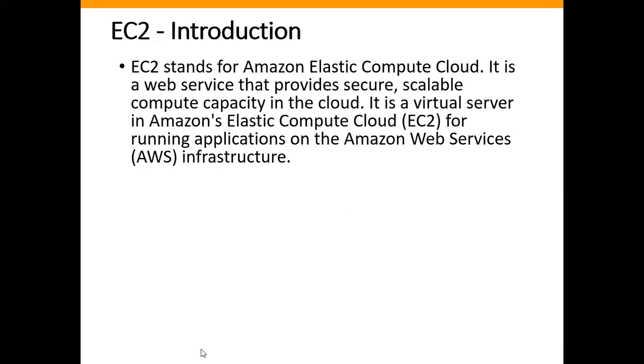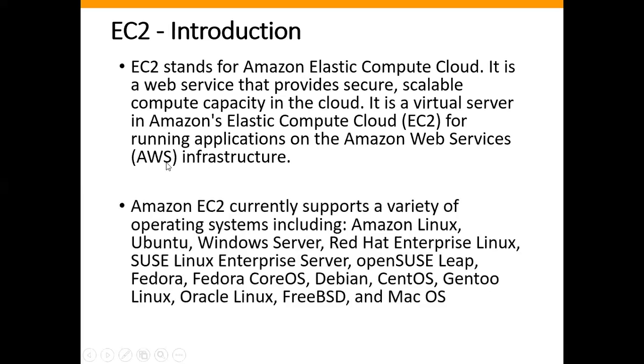Like I have this particular laptop with this configuration, I want to create a computer, a server, in Amazon infrastructure. To create that server on Amazon infrastructure, we can use a service called EC2. And whenever we are buying a computer, we need an operating system.